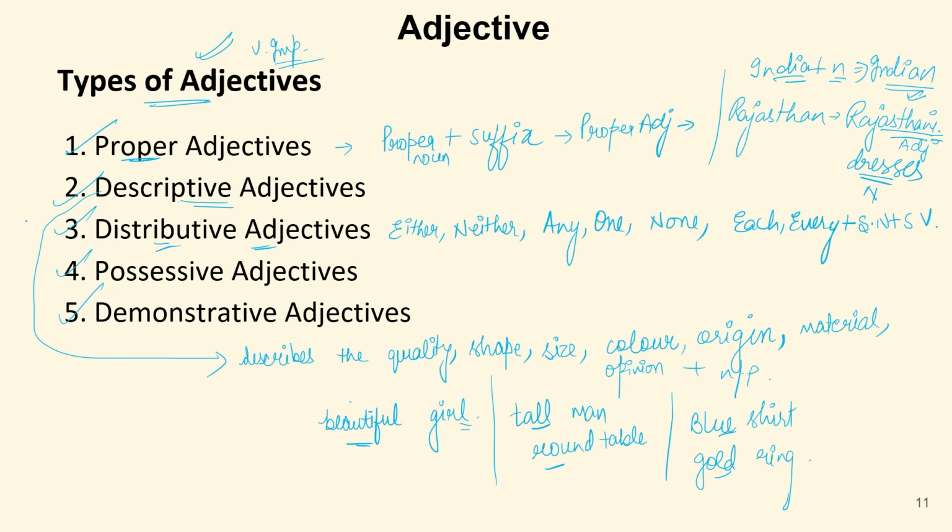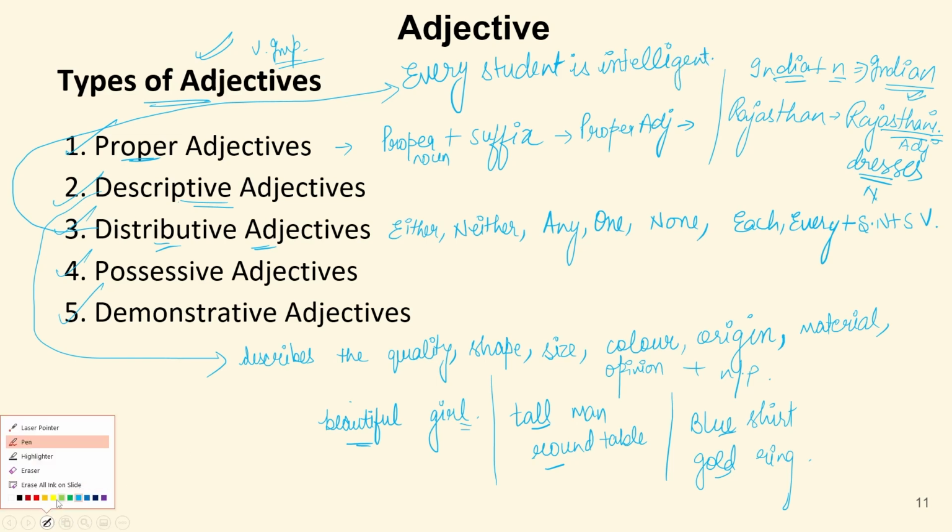For example, let us take an example here. Every student is intelligent. So in this sentence, we can see that we have a student that is a noun.